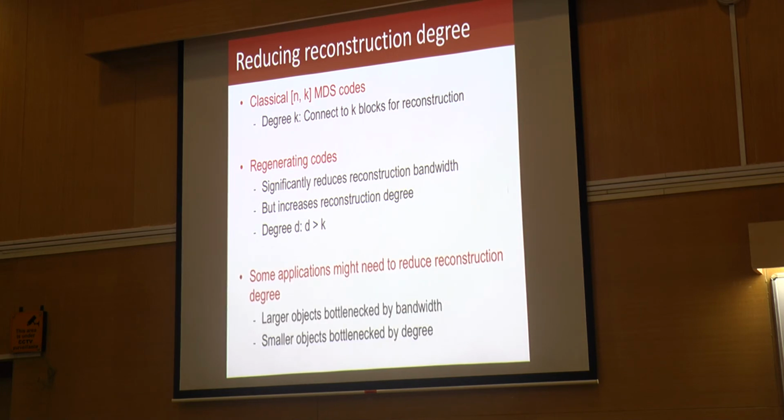But it turns out that in some applications, this higher reconstruction degree matters, and it is worse if it is higher. For example, in storage systems, there are different sizes of reads. Some systems might have small read requests, and other systems or applications might have larger read requests.